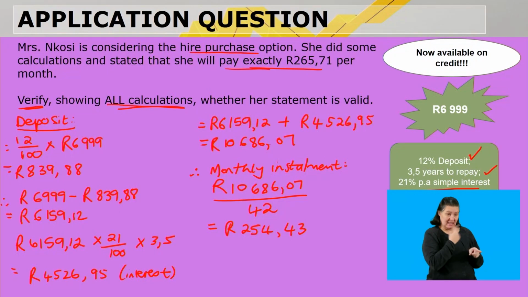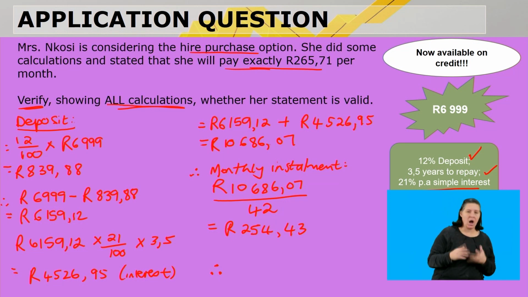So here's the important part. It says verify. We already did all our calculations whether her statement is valid. Guys, please note, you have to conclude, right? Your educator, the marker, is not going to conclude for you. So now I look, she indicated her monthly installment is 265 Rand and 71 cents per month.